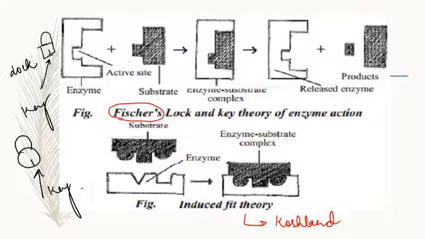So every specific lock has a specific key. Similarly, every specific enzyme has a site for the substrate, and that substrate is specific for the enzyme, right? That is what the lock and key theory describes about the enzyme substrate complex.